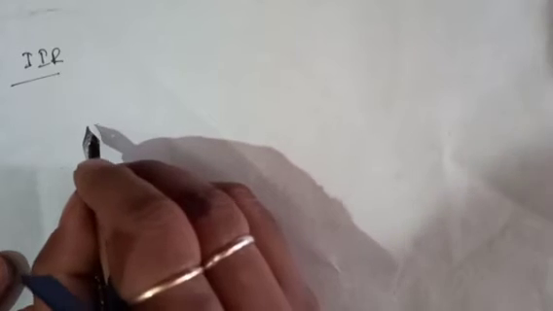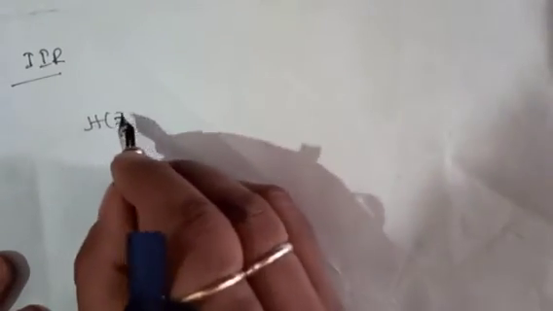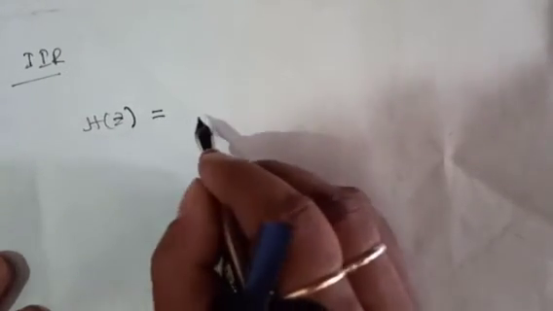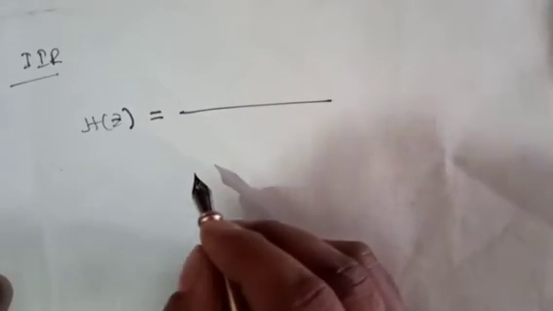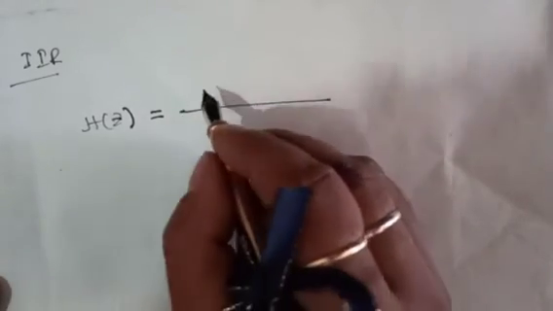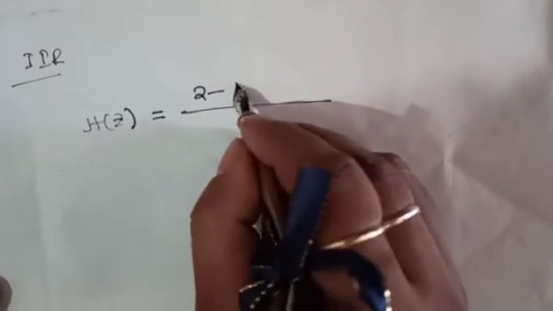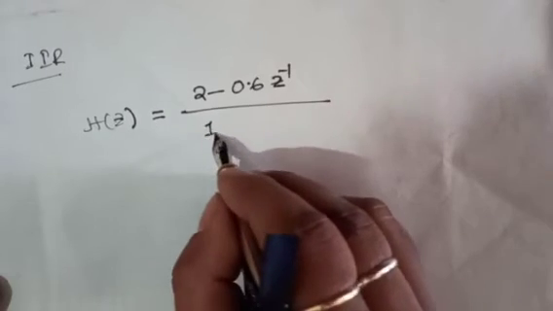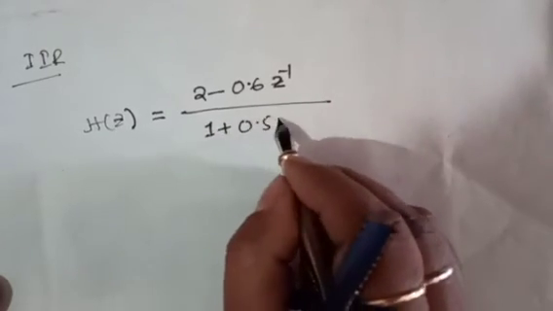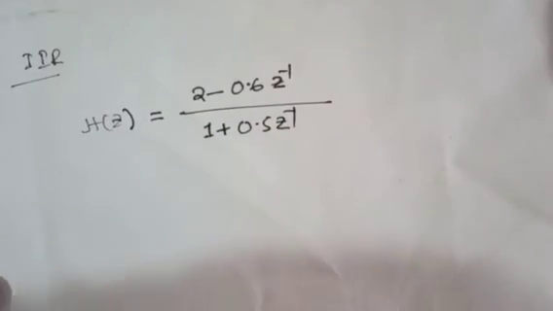Suppose now I'll consider from the Z domain, say H of z, that is the transfer function of the LTI system. In case of the IIR, H of z is always some numerator polynomial divided by denominator polynomial. So let us take a very simple example, 2 minus 0.6 z inverse divided by 1 plus 0.5 z inverse. Okay.